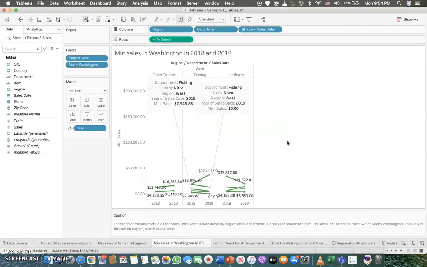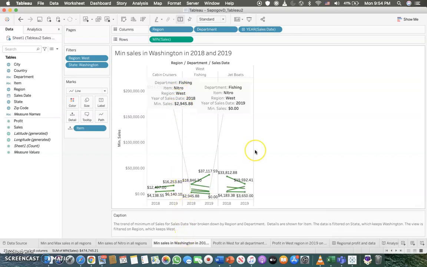Here I decided to compare the min of sales in Washington in 2018 and 2019. Here we have our outlier. In 2019 the min sales was 0, but in 2018 the min of sales for the same item, Nitro, was almost $3,000.